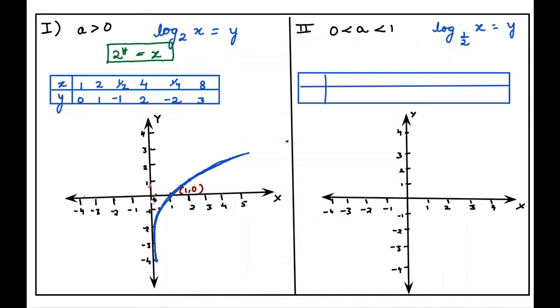When a is lying between 0 and 1, so what will be the graph of this? Log x to the base half is equals to y. What will be its graph? So this will be, अगर हम इसको एक्सपोनेंशियल फॉर्म में लिखें, half to the power y is equals to x.